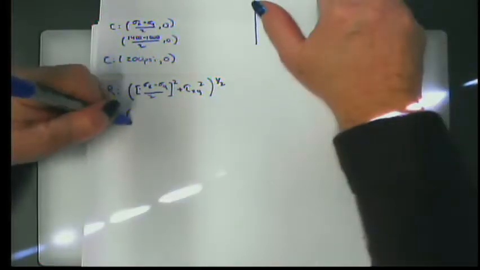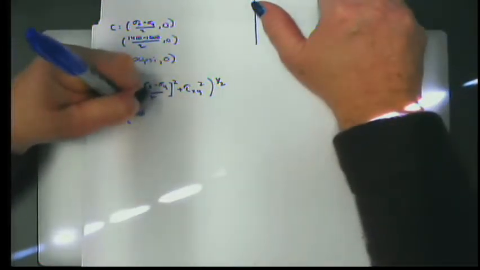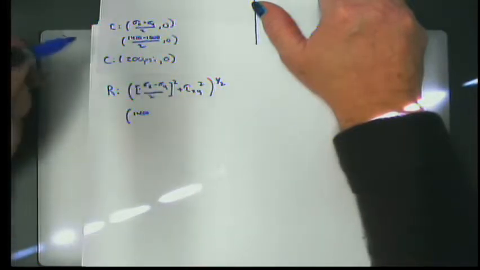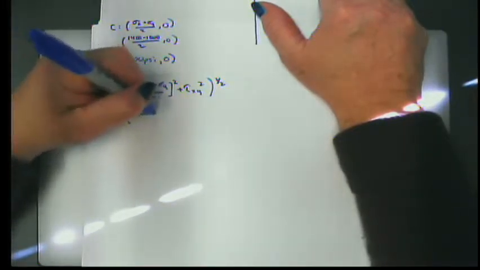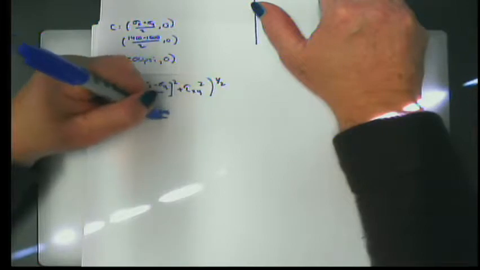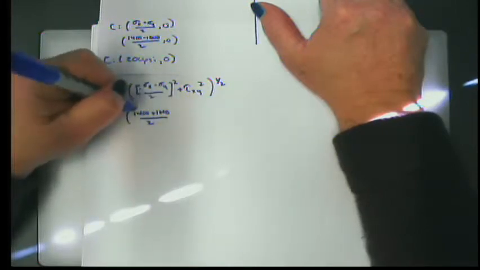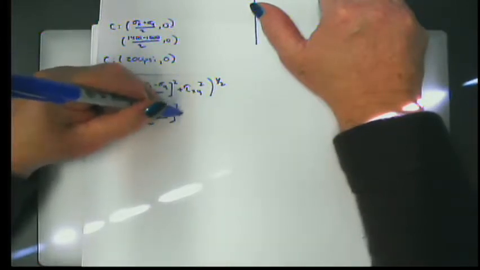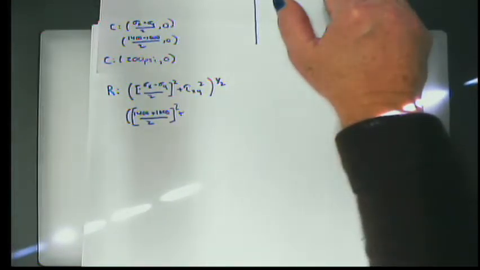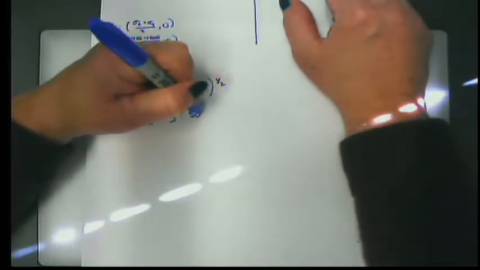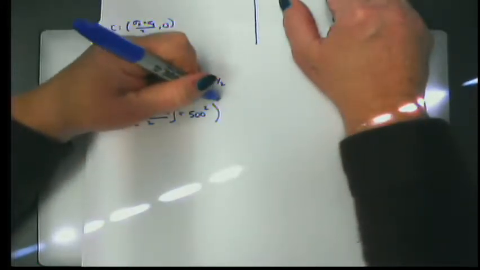So my sigma x is 1400 minus sigma y, which is minus a negative 1000, so plus 1000 over 2, plus tau xy. Okay, since tau xy is squared, it doesn't matter if it's negative or positive, does it? Because a negative times a negative is a positive, times a positive is a positive. So this is just 500 squared, and when I'm done with that, I'll take the square root of that sum of squares.